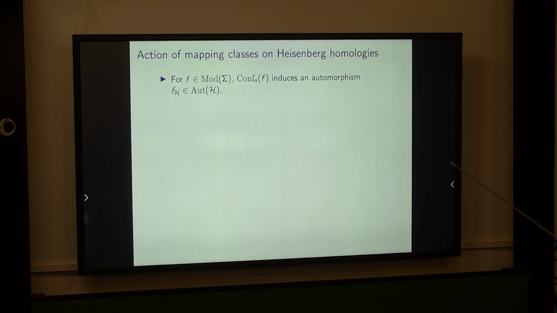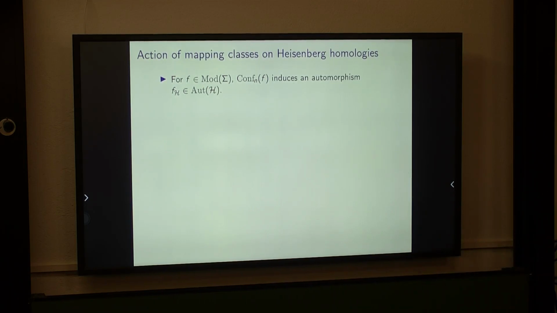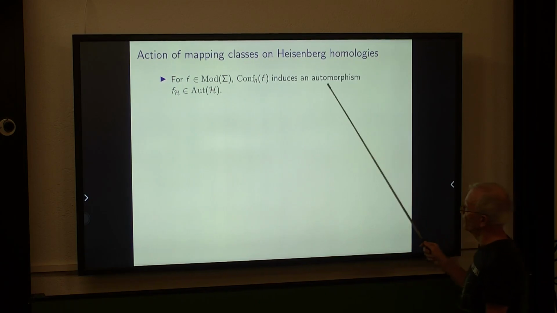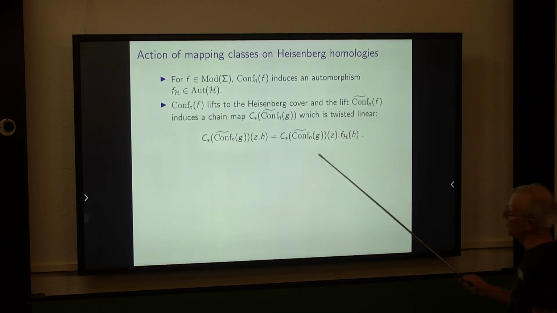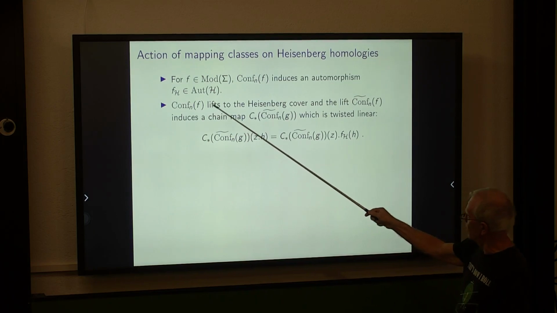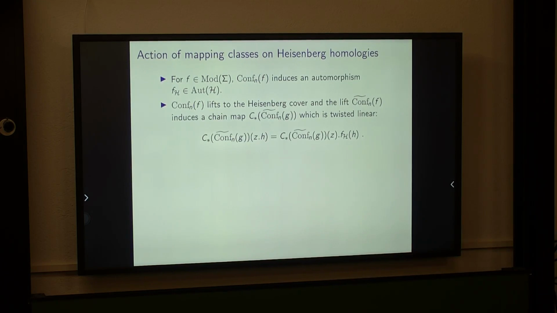And then we consider the action of mapping classes. If we take a mapping class, we apply the configuration functor, and we will get first an automorphism of the Heisenberg group. This is what I said before. I will not give a formula for this, but it is not difficult. This is a kind of lift of the symplectic action on the homology. It's because the kernel of the quotient map from braid to Heisenberg will be respected. This is easy.